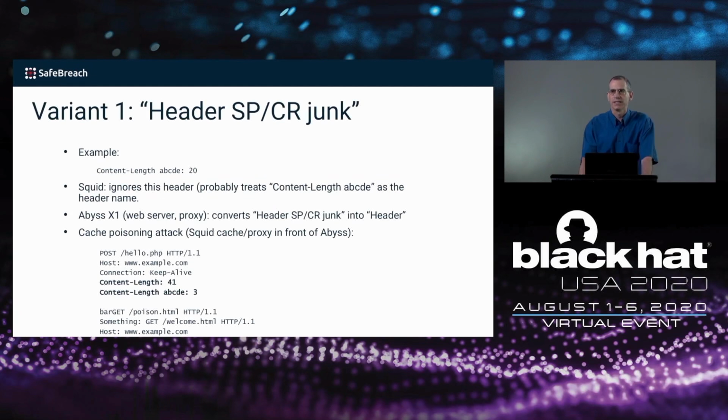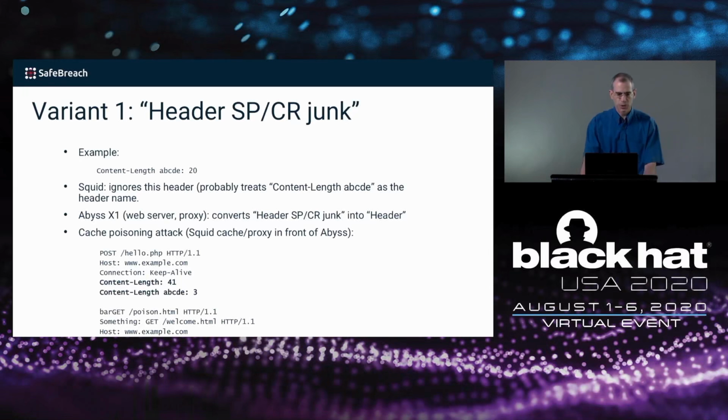First is a header followed by a space or carriage return, followed by some junk. For example, a Content-Length header followed by the content length, followed by a space, followed by ABCD, with a value of 20. As it happens, Squid ignores this header completely, but forwards it as is, whereas the Abyss X1 web server converts it into just the header part without the space or the junk.